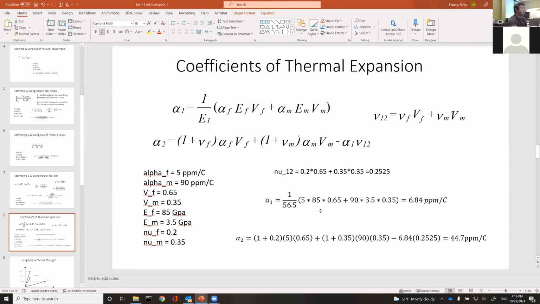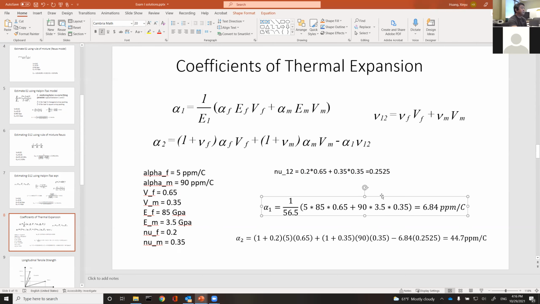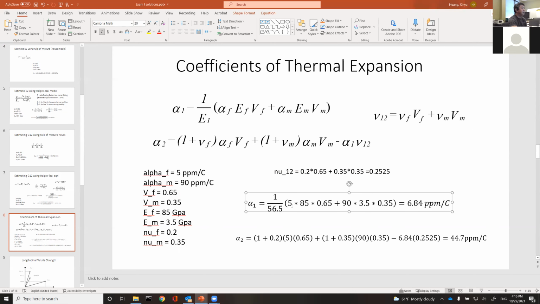This is the result. I plugged in, basically, I use the ppm units for alpha, so the result will be ppm as well. I use gigapascal for EF, so I'll also use gigapascal for E1. If all the E are the same units, it cancels out. What you don't want to do is use one unit for EF here and use another unit for E1.